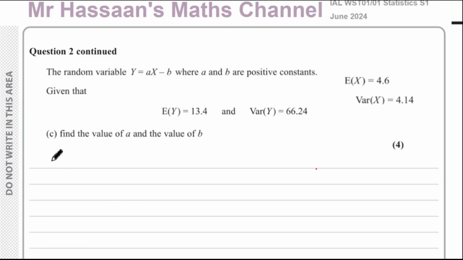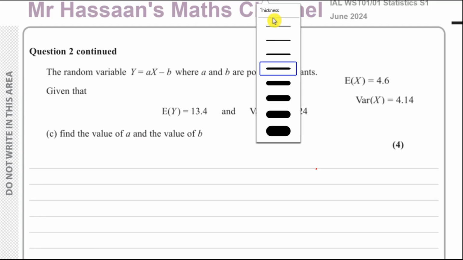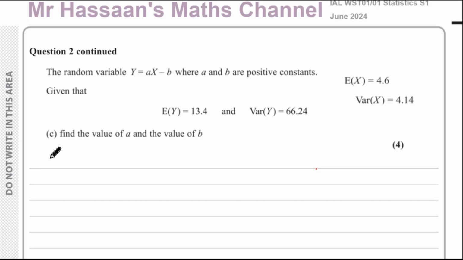So if we take the mean, E(Y) equals 13.4. That's what they've told us. From this, we can replace the Y with aX minus b, because Y is equal to aX minus b. So you have E(aX minus b) is equal to 13.4, because this is the same as Y.